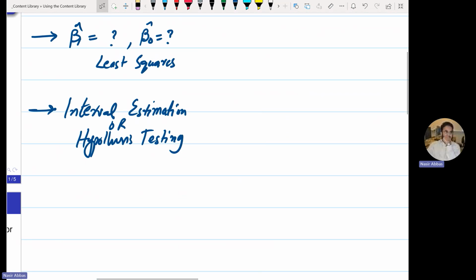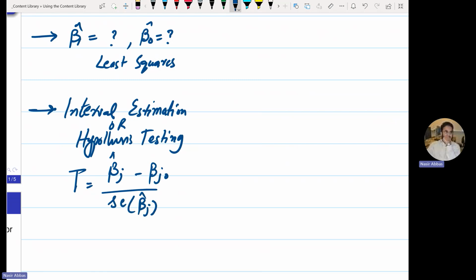The general formula for hypothesis testing was beta hat j minus beta j naught over standard error of beta j hat, where j was either 0 or 1. You did it for beta naught and you did it for beta 1, correct? And using the same t statistic, you also developed the confidence intervals, right?